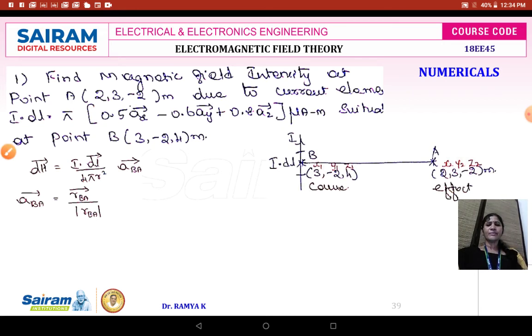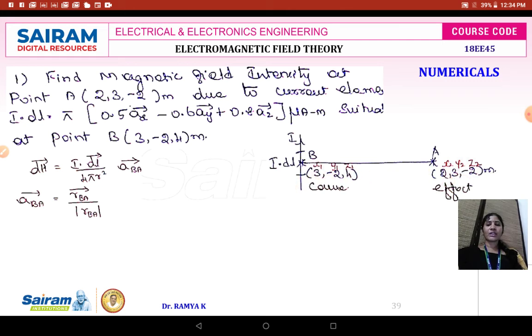So we can write the differential magnetic field intensity dH equal to I dl divided by 4 pi r square, times the unit vector in the direction BA. The unit vector is the distance vector divided by the magnitude of the distance.